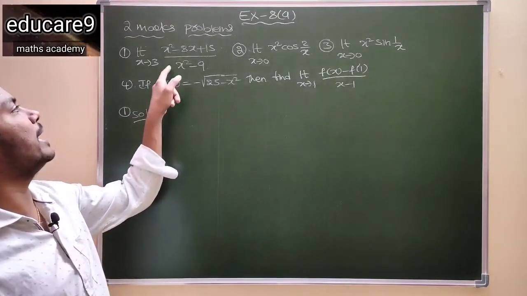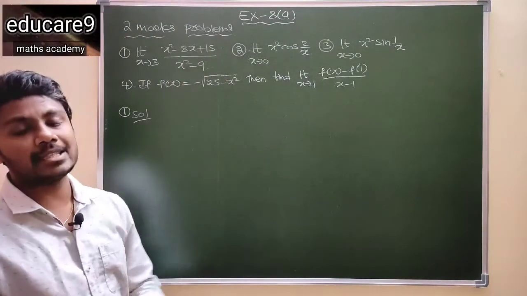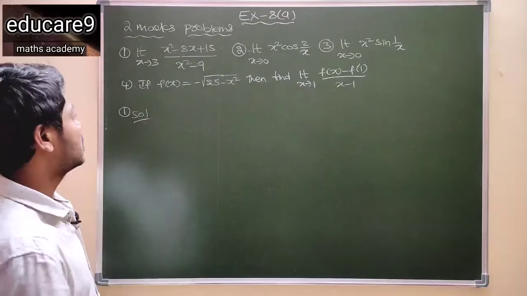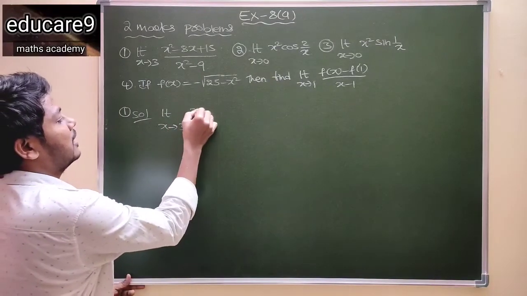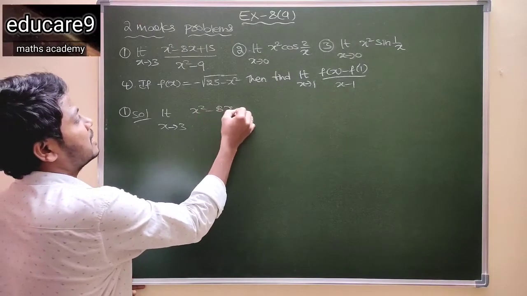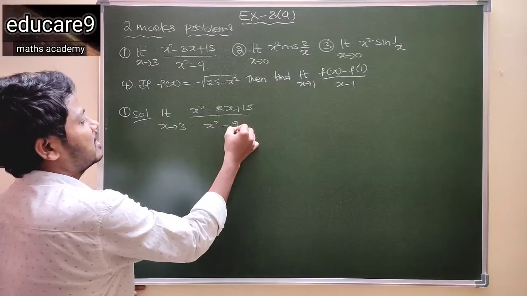Limit x tends to 3 of (x square minus 8x plus 15) divided by (x square minus 9).